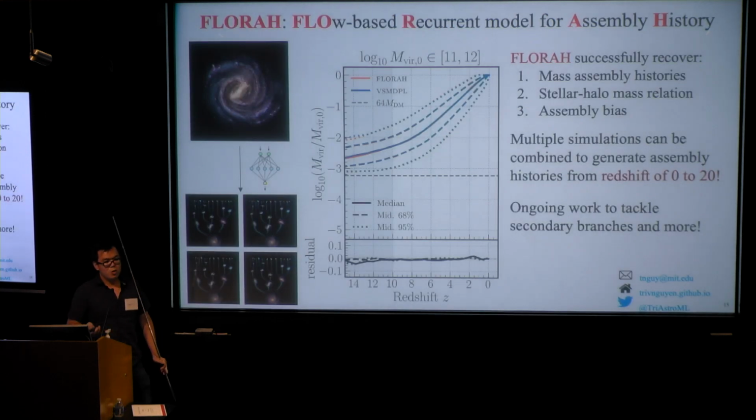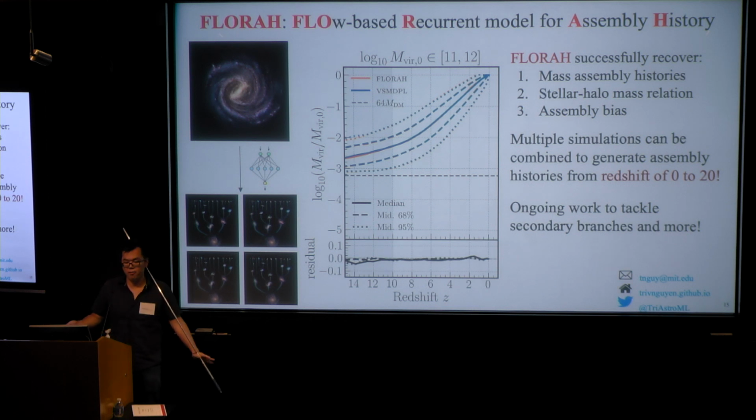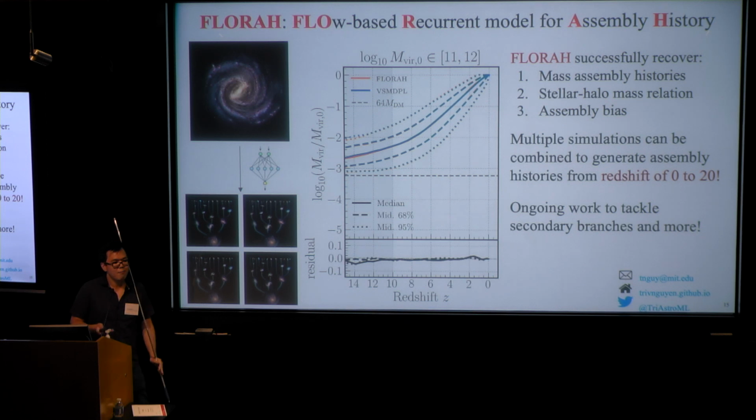So I will leave you with my summary slide. In summary, we developed Flora, a generative recurrent model to generate mass assembly histories of the main branch of merger trees, and we are able to recover important relations such as the history itself, the stellar to halo mass relation, and the assembly bias.